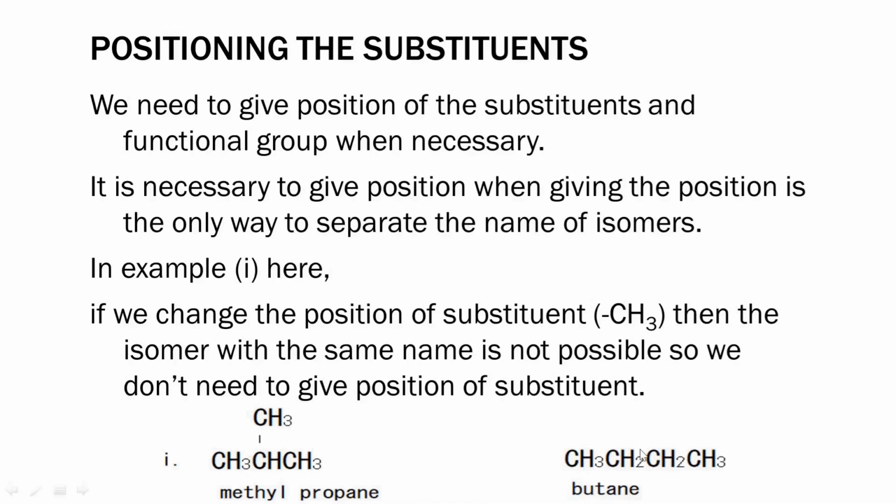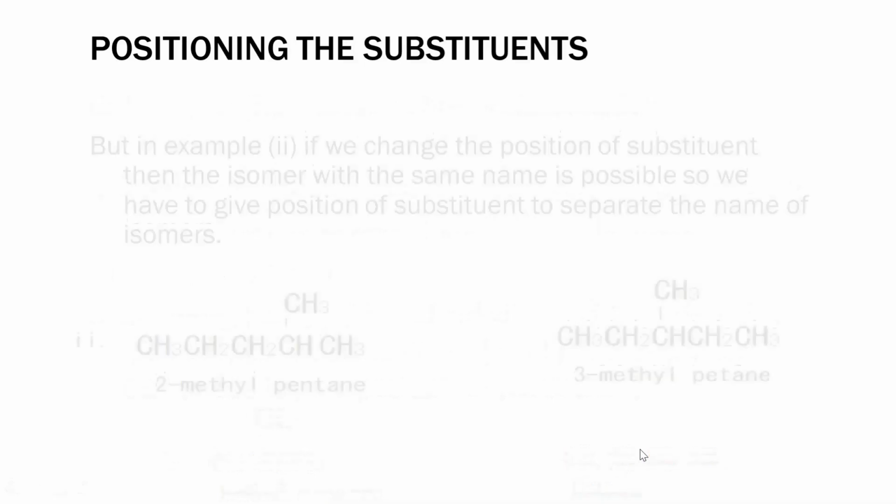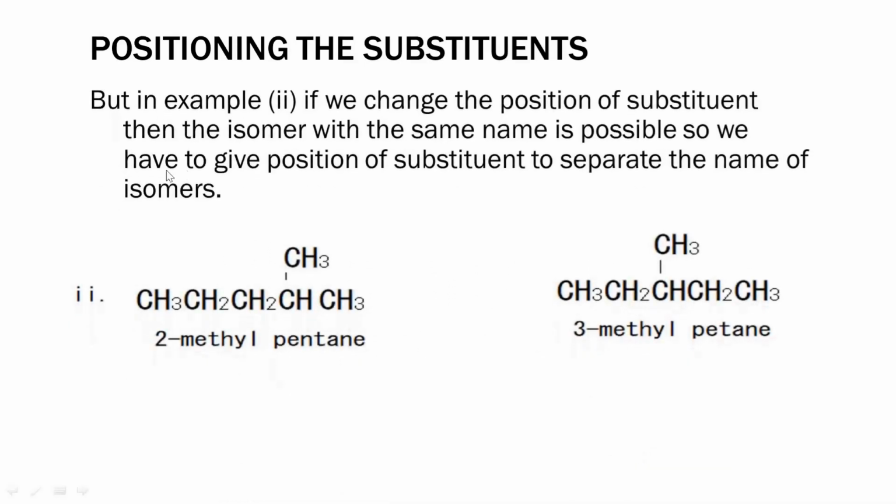Alright, so if the isomers have different names, then we don't need to provide the position of the substituents. However, in example 2, these 2 compounds have the same name, methyl pentane and methyl pentane. However, these 2 are isomers. Isomer means these 2 are different compounds, because there is a difference in the position of CH3.